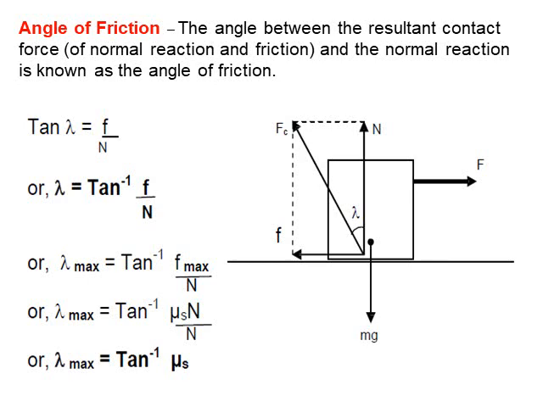In place of F max, you can write mu s into N. So you will get mu s N by N, and the N is cancelled. So lambda maximum will be equal to tangent inverse mu s. Or you can say that the coefficient of static friction is equal to the tangent of the angle of friction.